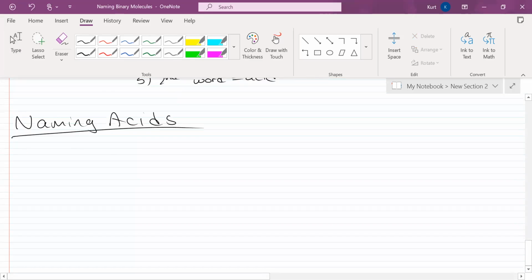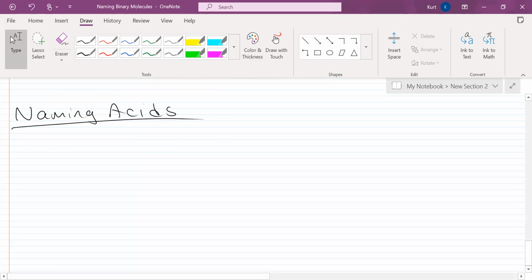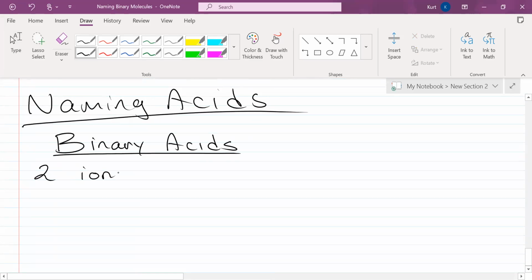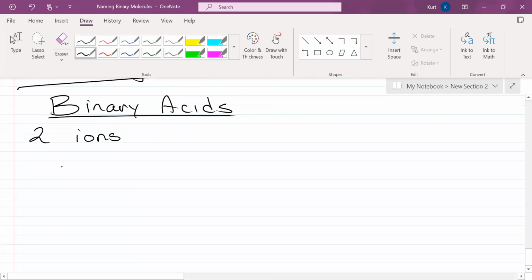There's two different ways to name them. One, you have the binary acid. In binary acids, it's only two elements, or two ions. One is hydrogen.